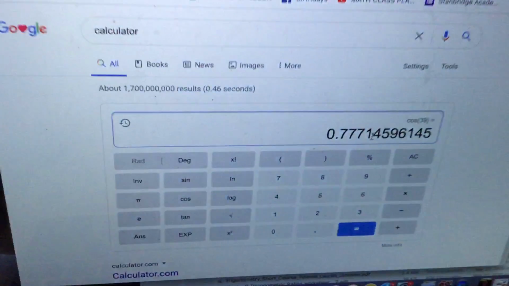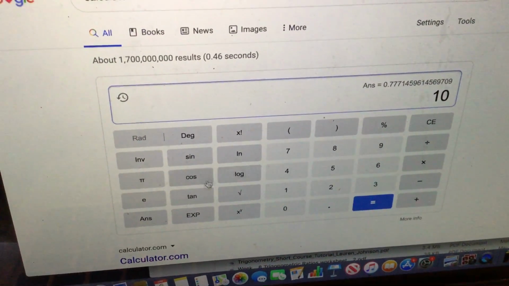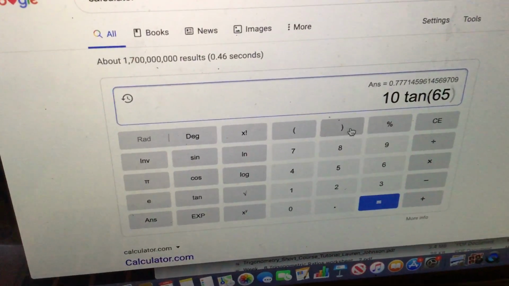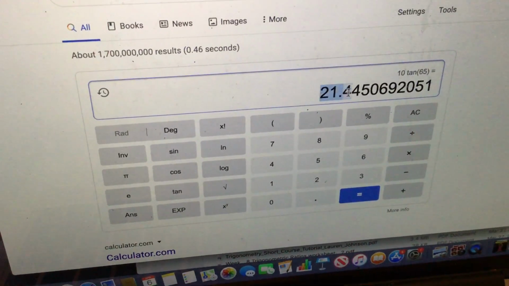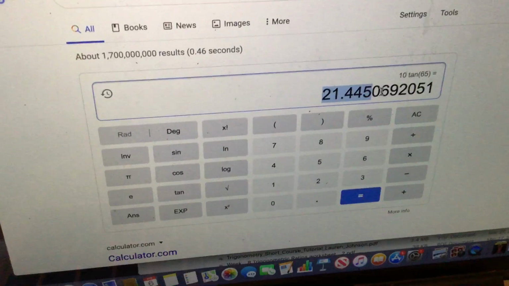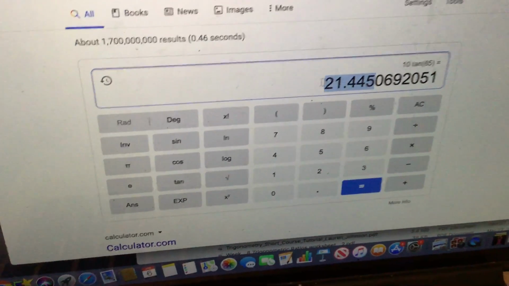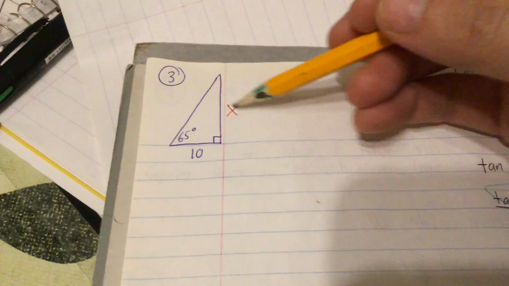So all I need to do is just do 10 times the tangent of 65 degrees. I'm in degrees. Whew. And I should get 21.4450. Well, I'm going to look at that fourth decimal place, round up or round down. It's going to be 21.445. So, therefore, 21.445 is my x.